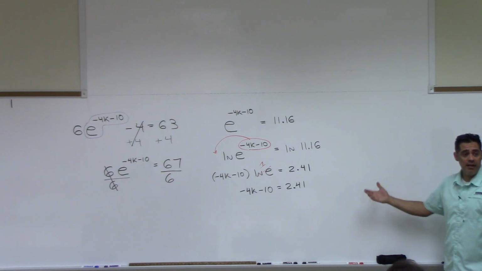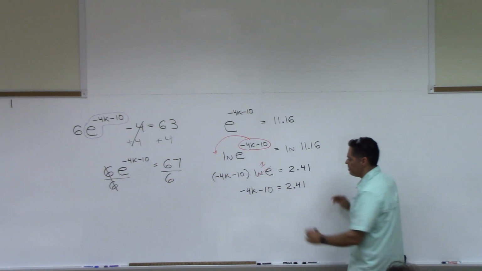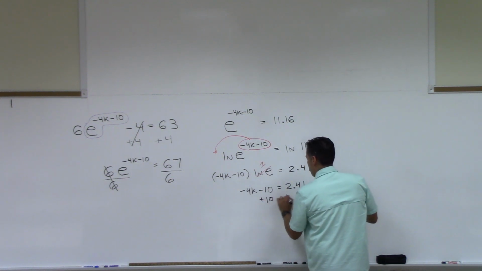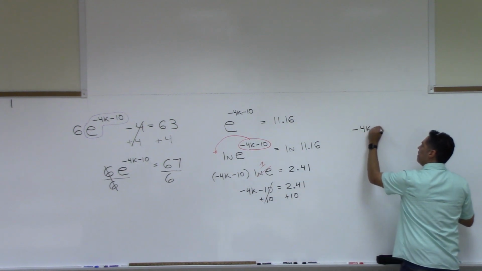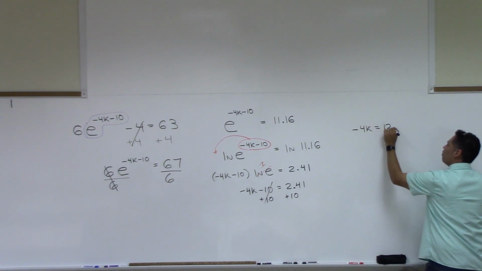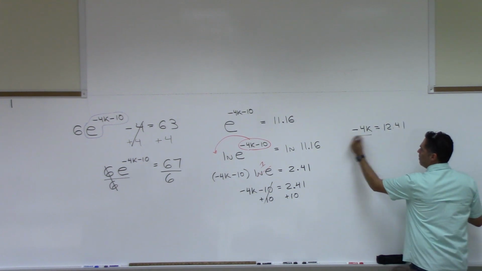And now we're at the linear equation point, so we just try and solve for this k. I'll add 10 to both sides. Negative 4k equals 12.41. And then finally, divide both sides by negative 4.